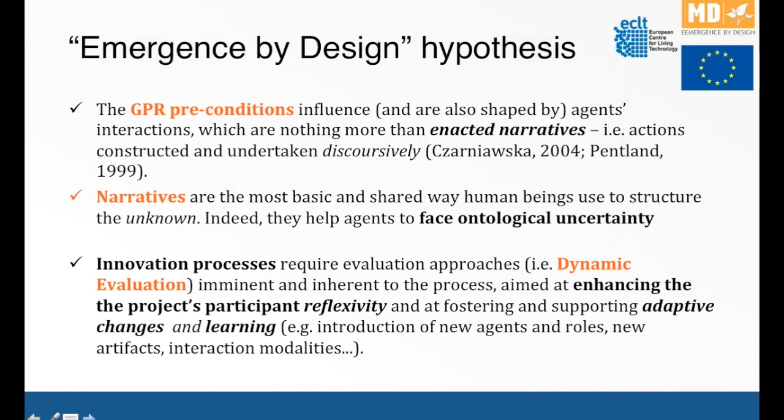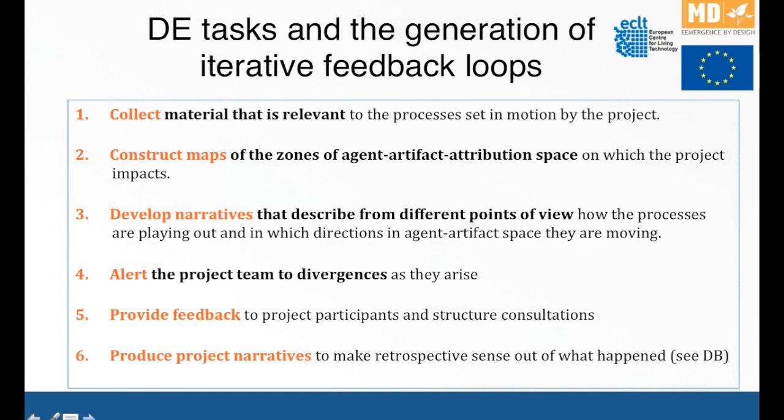Because reflexivity and adaptivity is, this is one of the hypotheses that we have, the key point for a process to be able to face the uncertainties that are emerging. And so these are, let's say, the main and challenging issues that were at the core of the MD project.